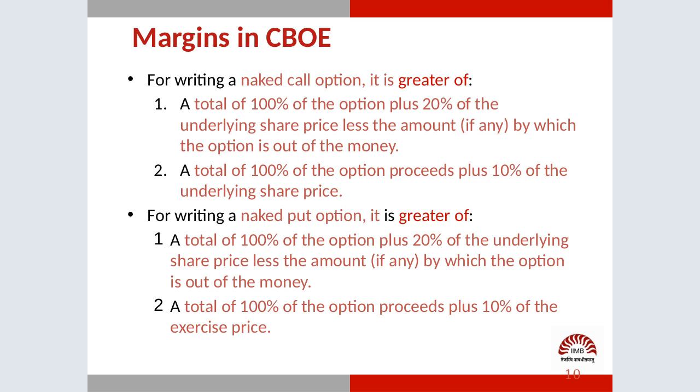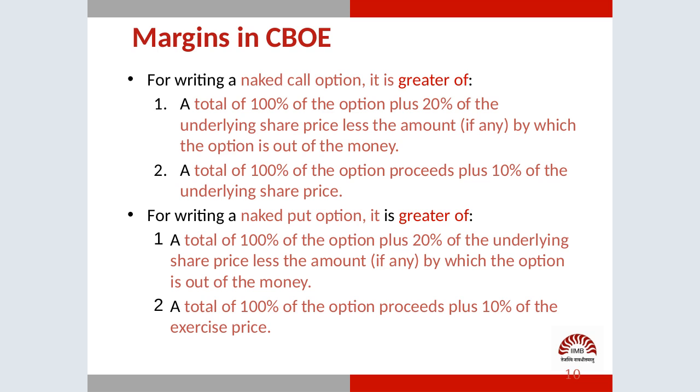Similarly, for the put option, it is the greater of the same. In a sense, it's the same way. Total of 100% of the option plus 20% of the underlying share price less the amount, if any, by which the option is out of the money. And similarly, a total of 100% of the option proceeds plus 10% of the exercise price. Here it is the exercise price.